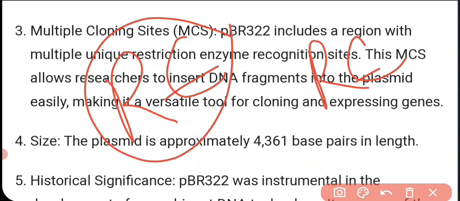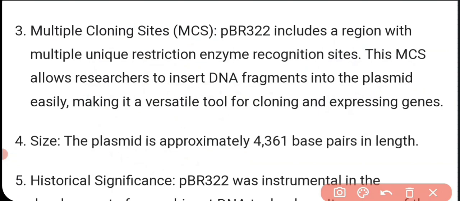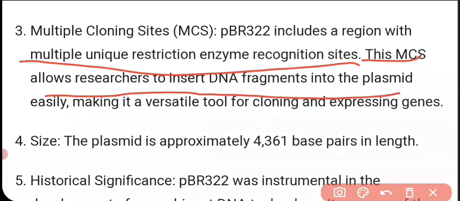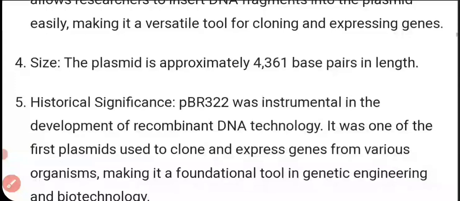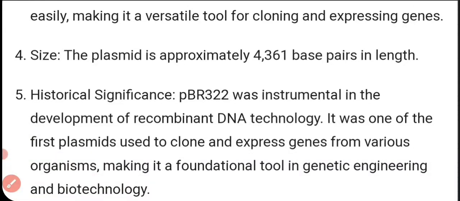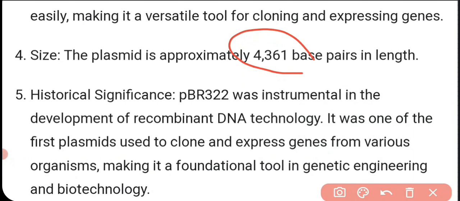So pBR322 has multiple unique restriction recognition sites. This MCS allows researchers to insert DNA fragments into the plasmid. So this is versatile. Then the plasmid size is also very good, because it is just 4361 base pairs in length.